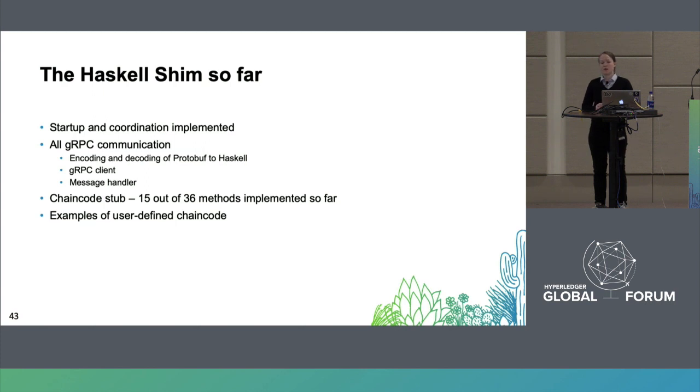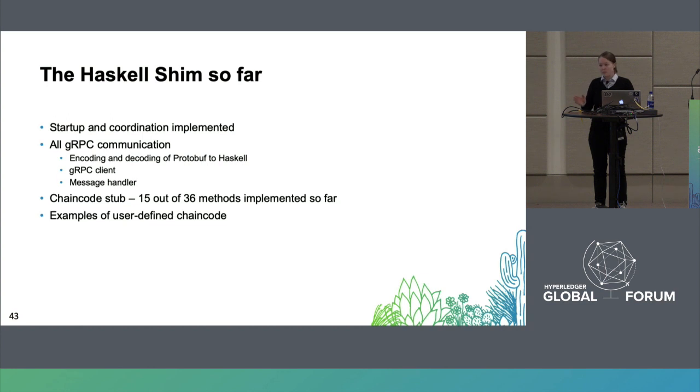In terms of the chaincode stub, we've implemented 15 out of the 36 methods so far. In terms of what's left, there's just 3 core functions, and these are the state iterator functions like getStateByRange. So the 21 methods that are left, most of those are just derivatives of these 3 core functions.